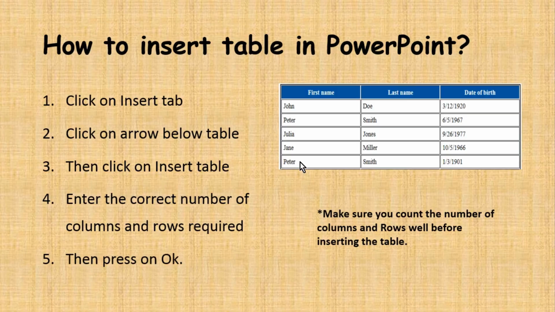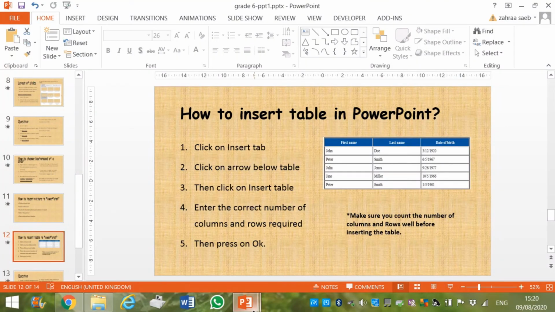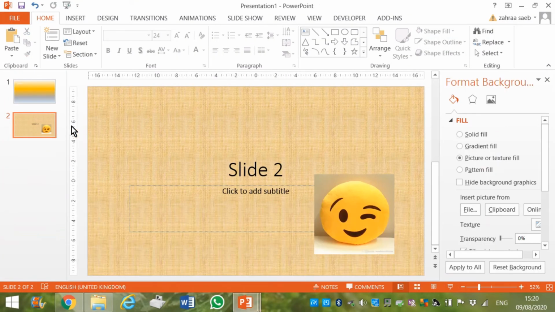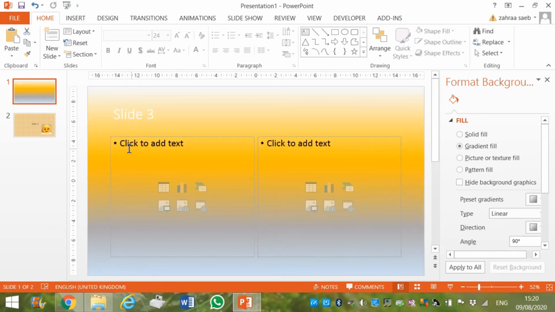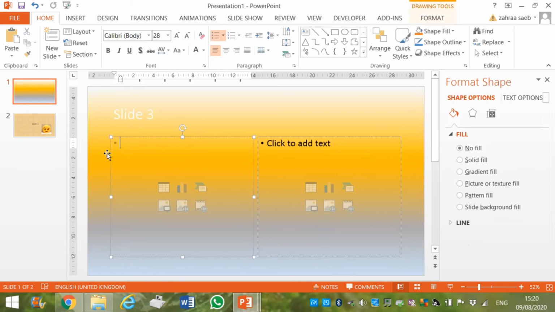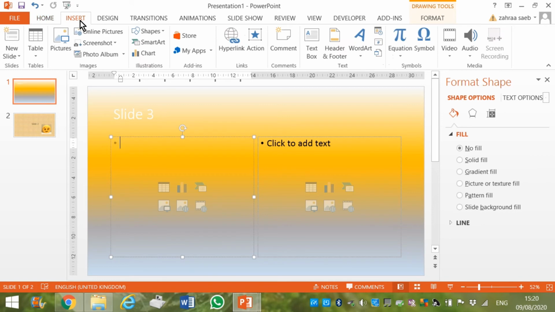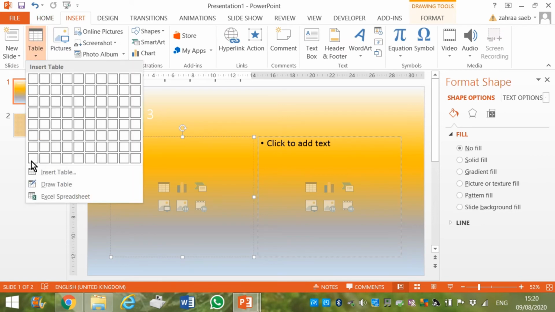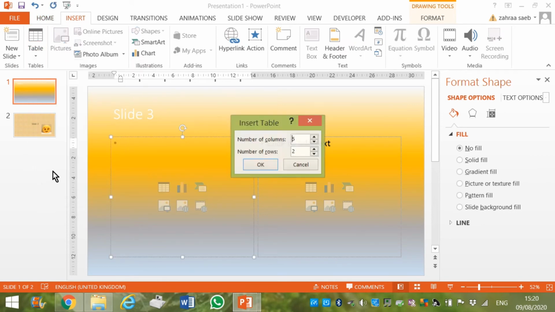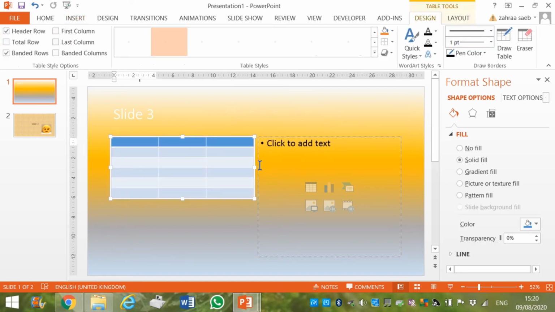Let's create the table together. I will insert it here. Insert table, insert table. Then I had 3 columns and 6 rows, and then I press on OK.